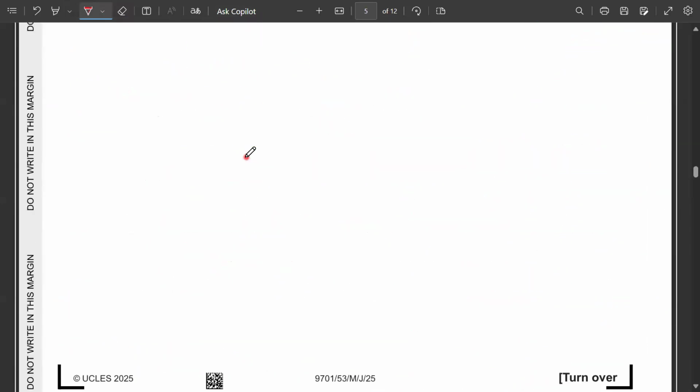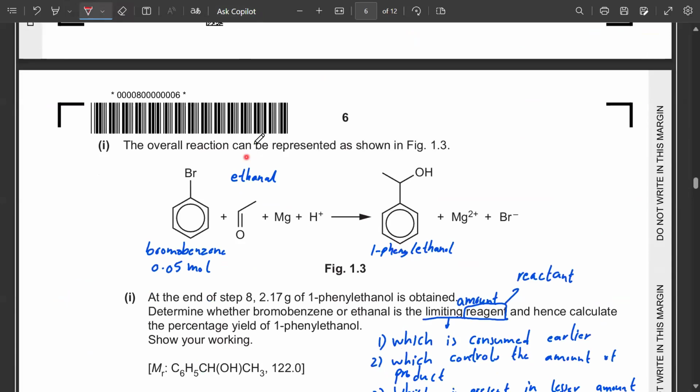The density of the ethanol is 0.788 gram per cm cube. The volume is 3 cm cube. And then the formula is already there, CH3CHO, which means you can also know the Mr of this compound.